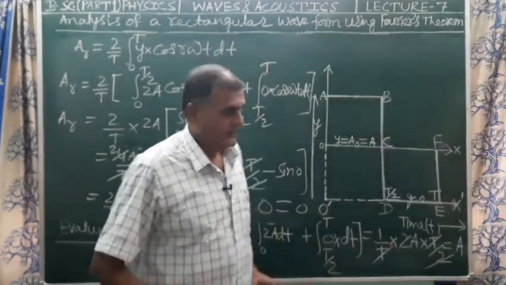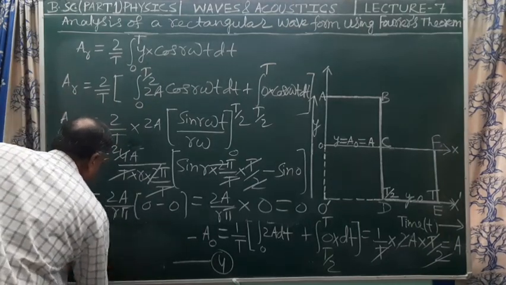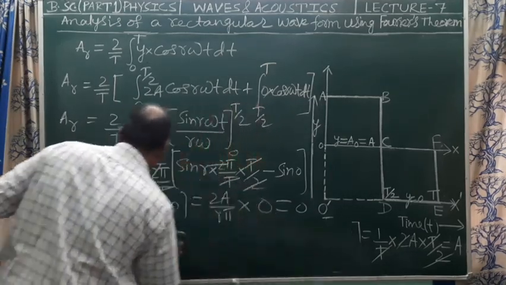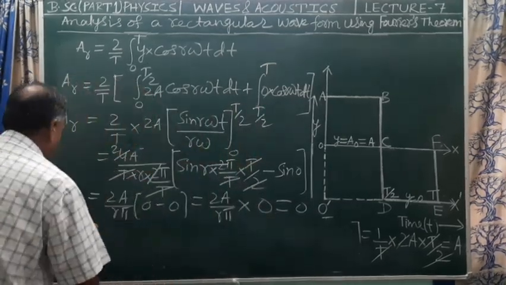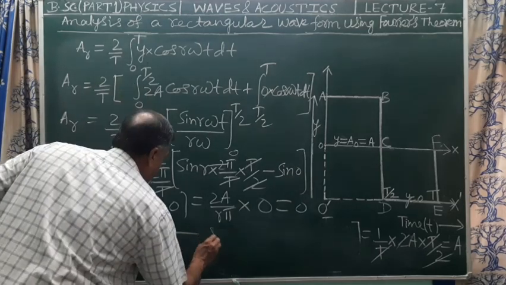So there will be no cosine term in the Fourier series of the rectangular waveform. The result is a_r equals 0, and suppose it is equation number 5.